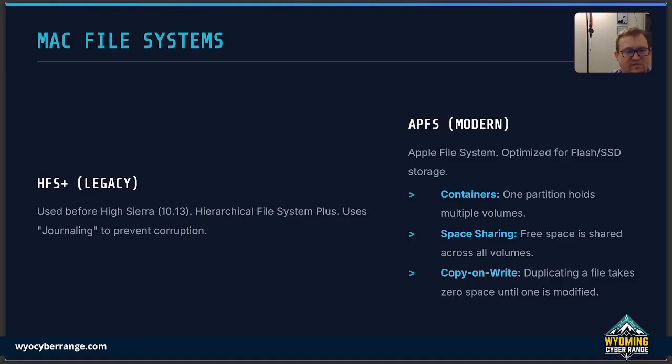It also uses copy on write. If a user duplicates a 10 gig movie, APFS doesn't actually copy the data, it simply creates a pointer. It takes zero extra space until one of those files is actually modified. So it uses a lot of hashing systems to make sure that if I have 10 copies on my hard drive, I'm only going to store it one time. That did help when it came to video processing, because a lot of people like to have their resource files in the same directory, even if they used it 20 times over. And so it saved a lot of storage within their file system.